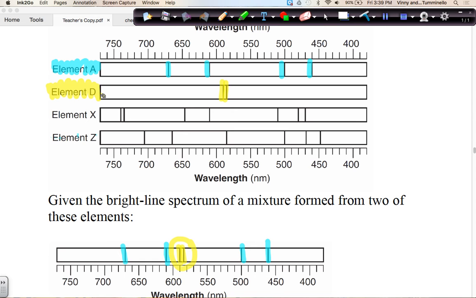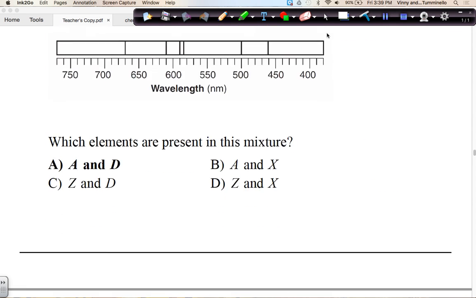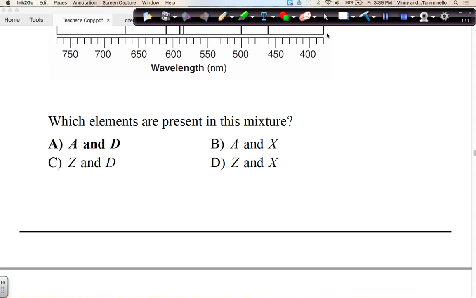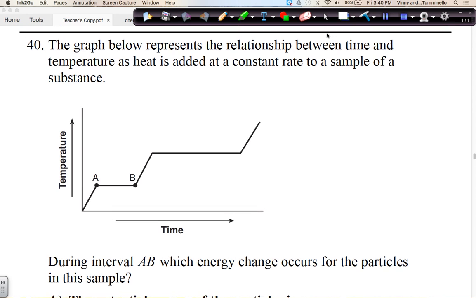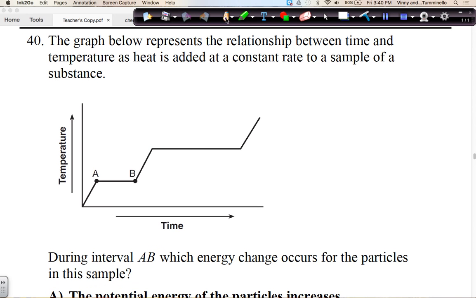So that is the definitive proof that this mixture has both element A and element D. All of element A's wavelengths are present. All of element D's wavelengths are present. So if we look at the choices, A and D are what are present in the mixture because they each had all of their wavelengths in the mixture down below at the bottom there.